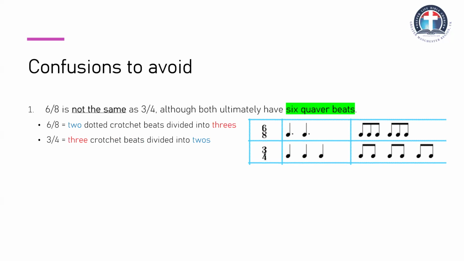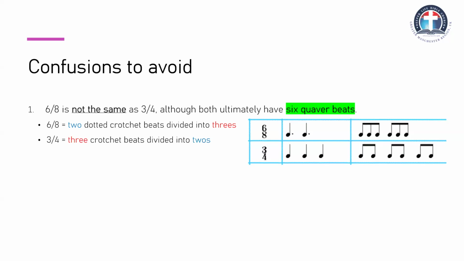So you see, both of them end up having 6 quavers, but one set of 6 quavers is a group of 2 notes divided into 3s. The other one is a group of 3 notes divided into 2s. So please don't think that 6/8 is the same as 3/4 because both of them have 6 quaver beats.